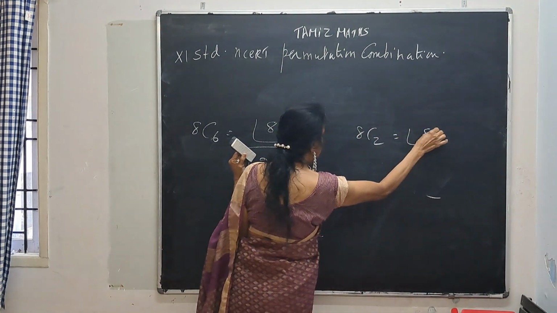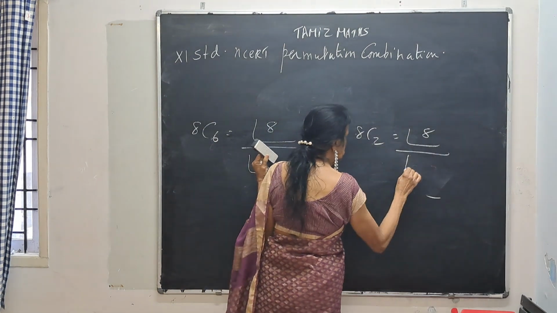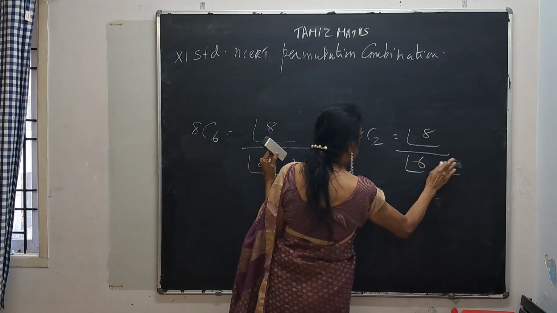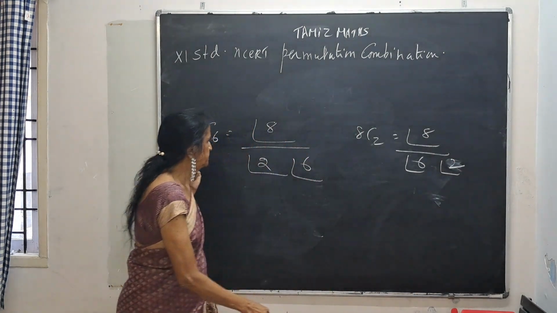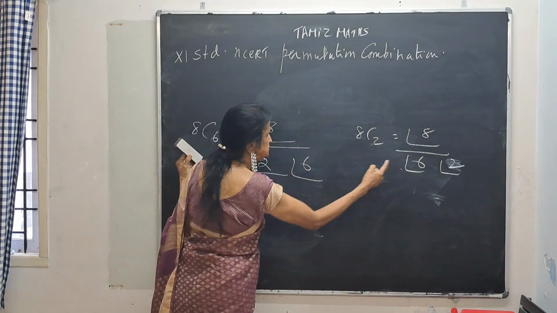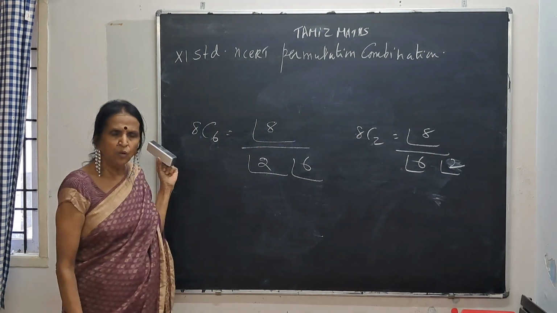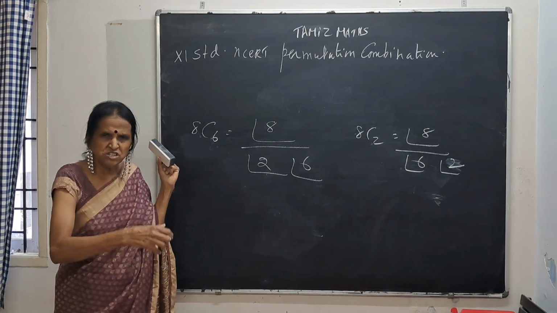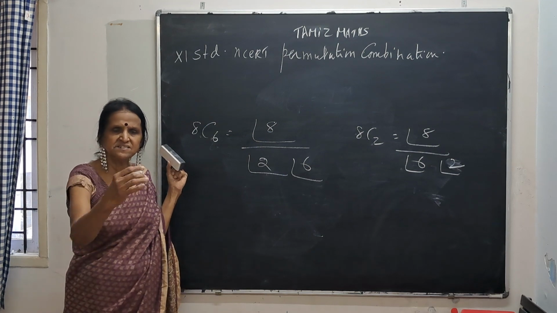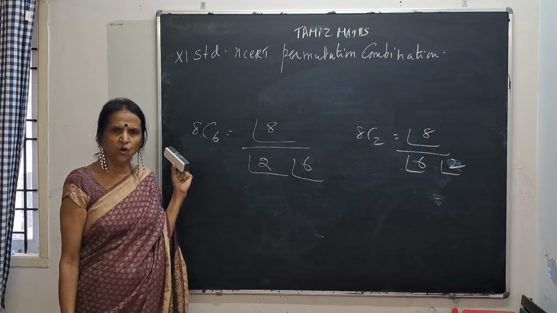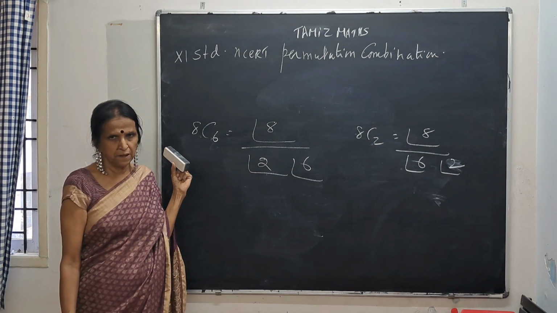Factorial 8 by factorial 8 minus 2, factorial 2. Right? Both are same. So 8C6 is same as 8C2. How does it happen? Choosing 2 is neglecting 6, out of 8 different things.